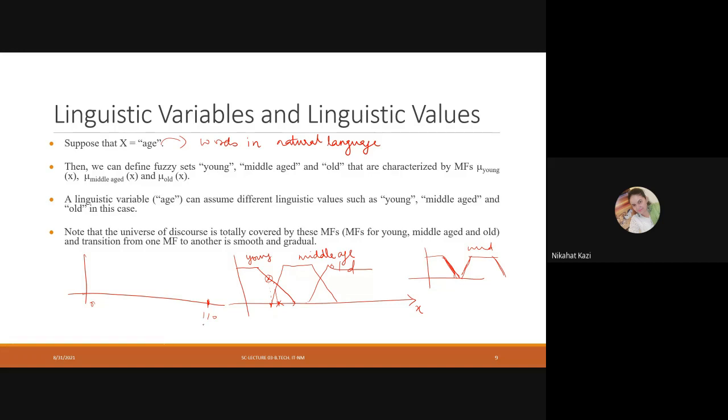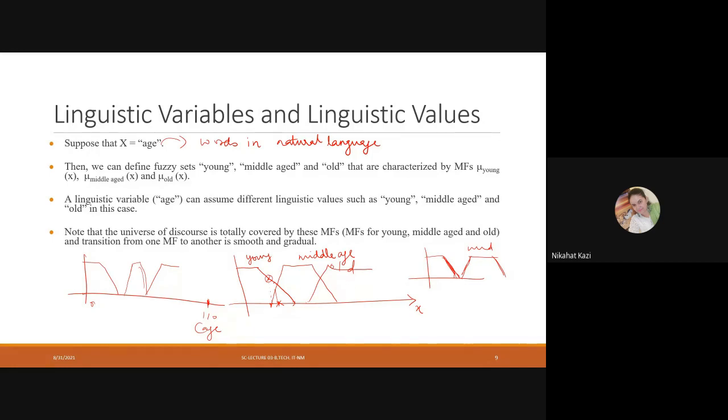When you're trying to model age, some MF has to take care of each age. That is what I'm trying to say. If I have young and old, I should have middle aged. There should be no points left in between. That is very important when you go for designing a fuzzy controller or a fuzzy knowledge based system.